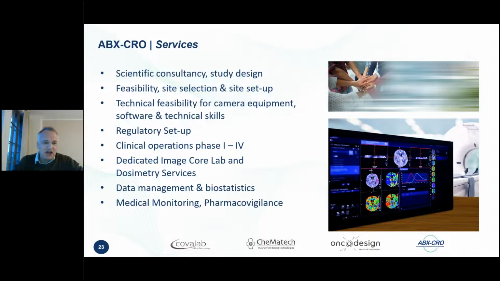Okay, so our services, it's more a pilot's view here. We especially are interested in scientific consultancy, study design. The colleagues have covered the early stages of development. We particularly specialize in designing your studies, considering the imaging requirements and the information you want to get out of the imaging as part of the clinical study.